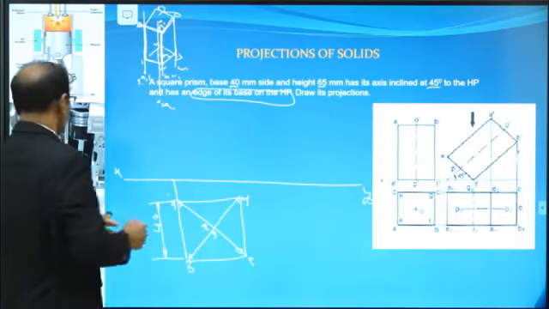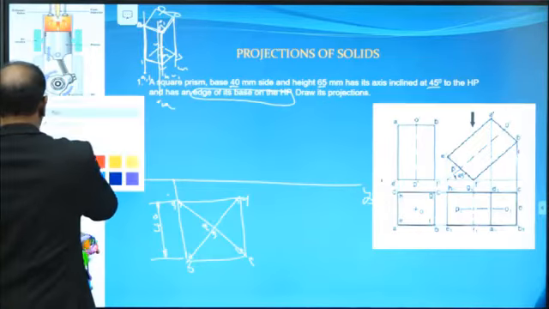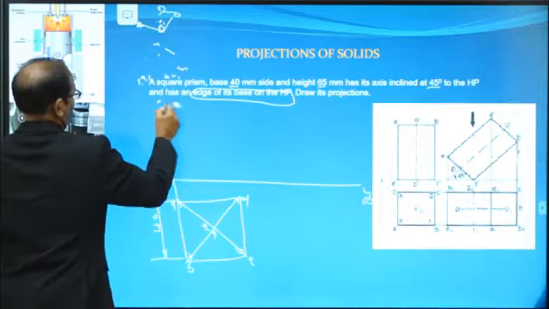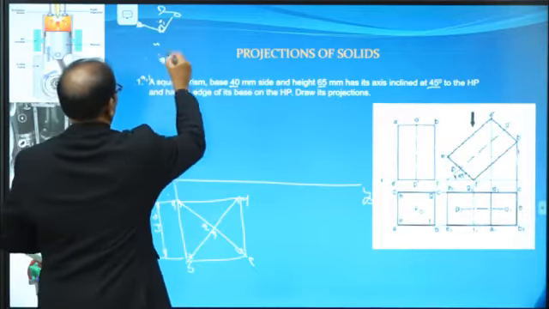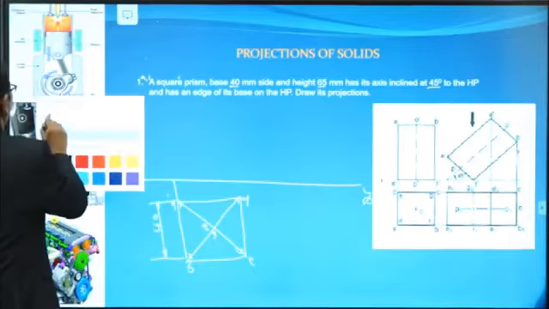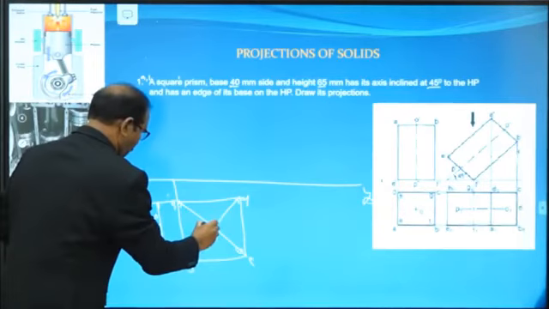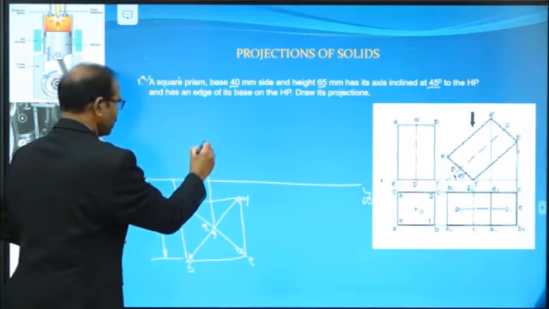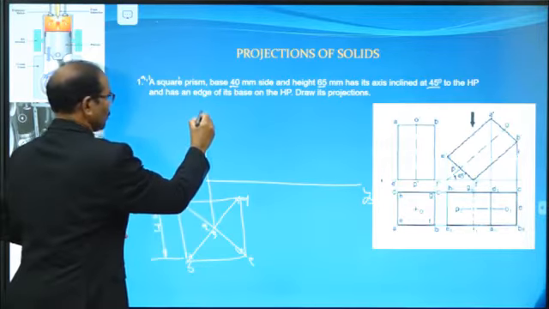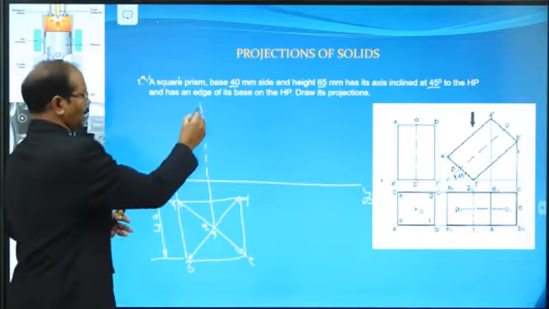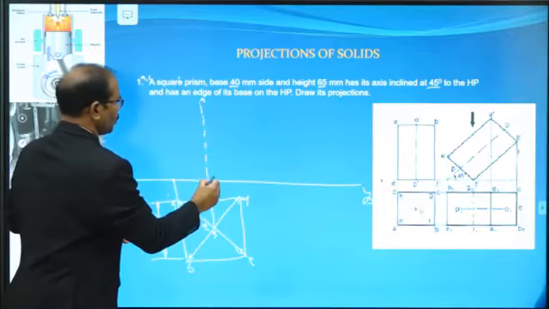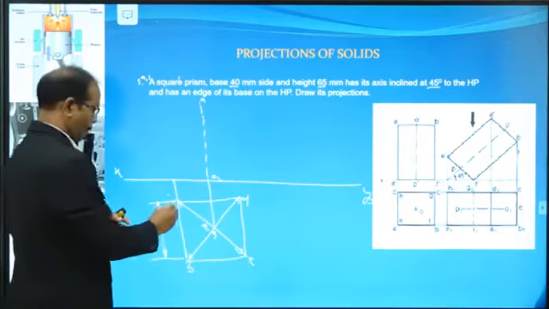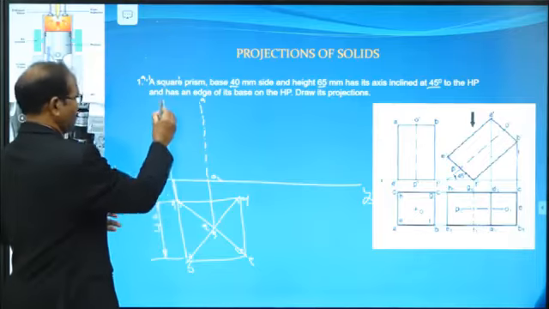Project the vertical height. Now project from the XY line, which is a thin line; from here onwards it is the axis line. This is O1, this is O2. Extend the same.